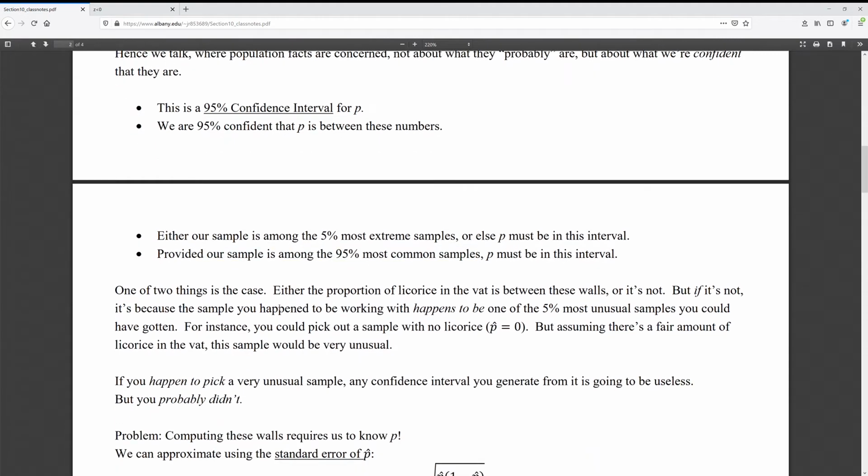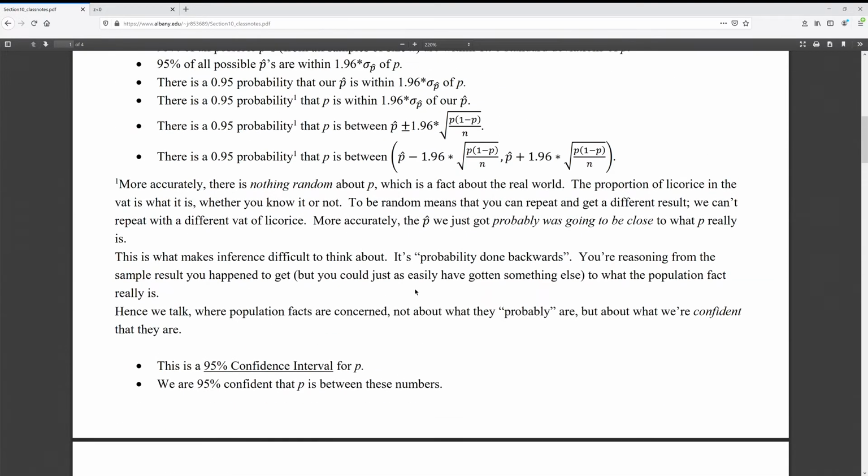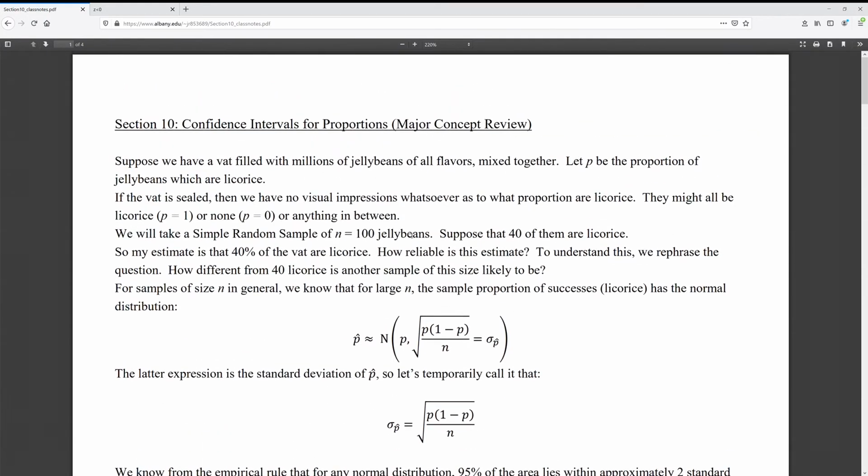One of two things is the case. Either the proportion of licorice in the vat is between these walls, or it's not. But if it's not, it's because the sample you happen to be working with happens to be one of the 5% most unusual samples you could have gotten. Again, you probably didn't just pick out 100 jelly beans and get the only 40 in the entire vat.